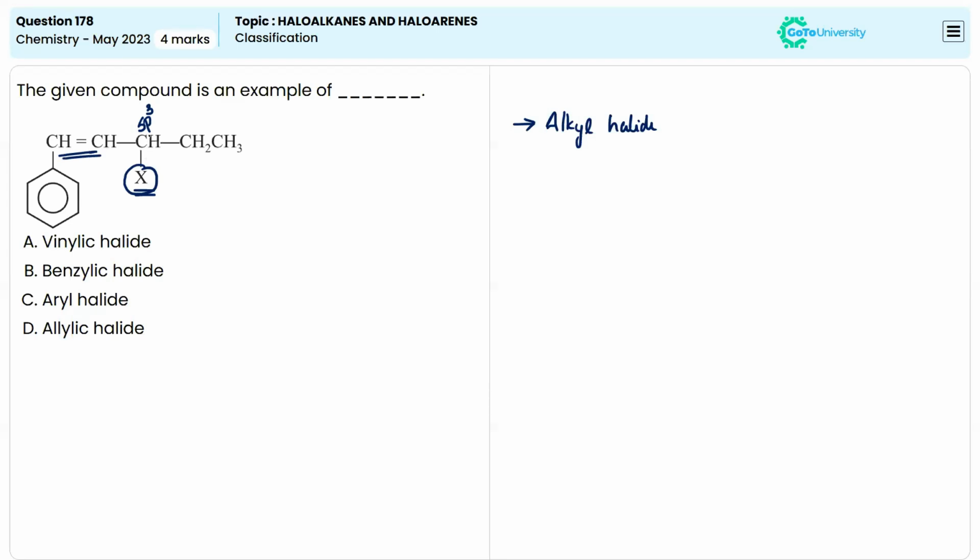So this belongs to a type of alkyl halide called allylic halide. So this given molecule is an example of an allylic halide. So the correct answer is D.